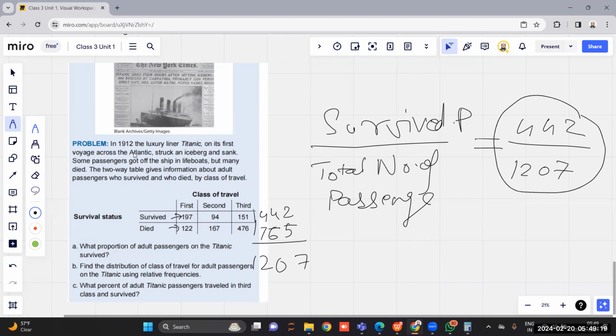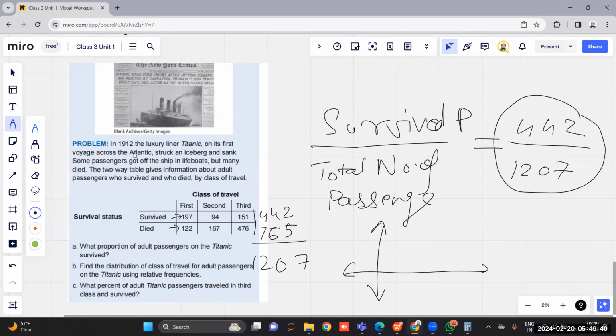So the next question is: find the distribution of the class of travel for adult passengers on the Titanic using relative frequency. So for the adult passengers, I have to plot a distribution, meaning a bar graph or a pie chart. You can use anything.